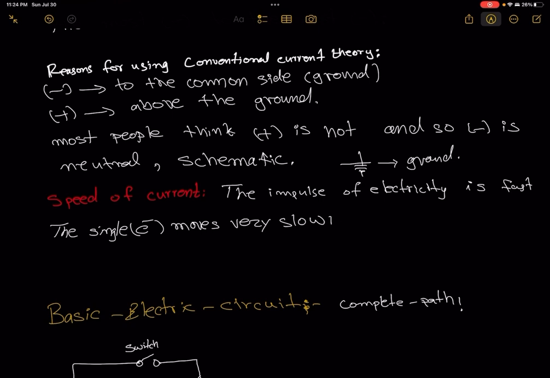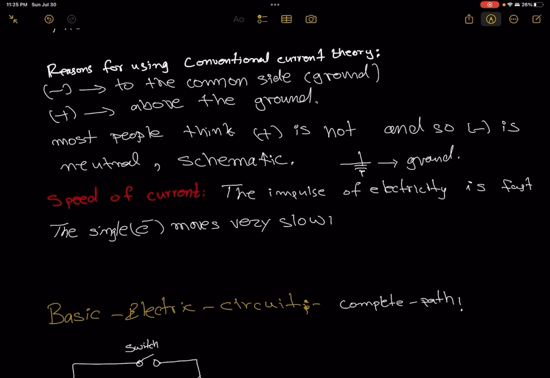Since we got that clear, let's move on to the speed of current. We said current is using electrons, that we talked about in the last session of the lecture. It has to be a lot of electrons to make a current.